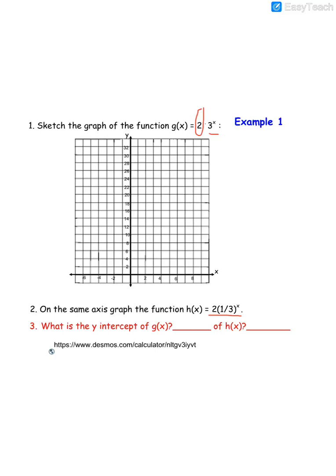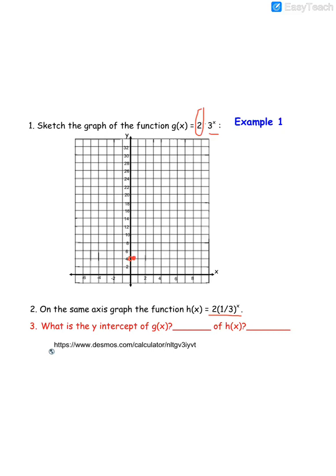Okay, so let's plug in some numbers. It doesn't really give me any numbers to graph, so I'm just going to graph whatever seems to look pretty here. I know at 0 it goes to 2. And 1 it goes to 6.